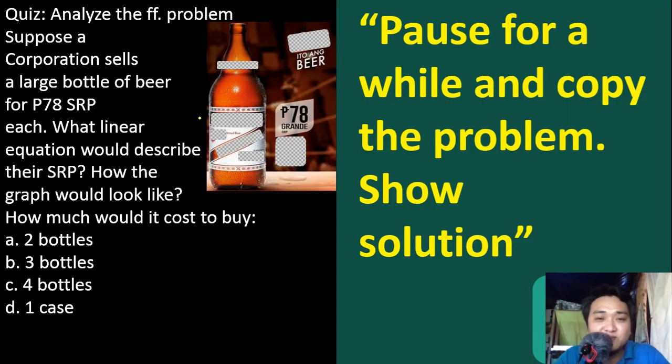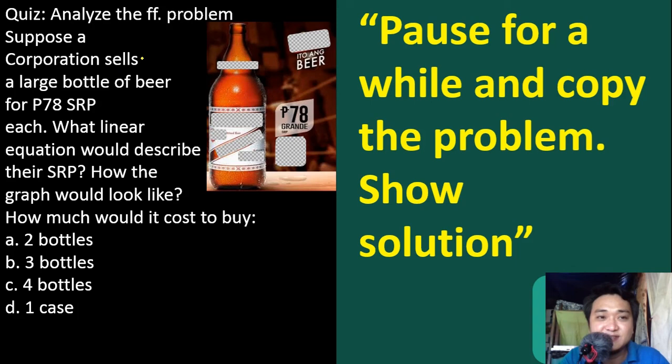I'm going to leave to you a home quiz. I want you to answer this at home. So, dalawa lang po ang gagawin nyo. You're going to describe its linear equation and you are going to graph. Kayo po ang masusunod kung anong scale ang gagamitin niyo po.